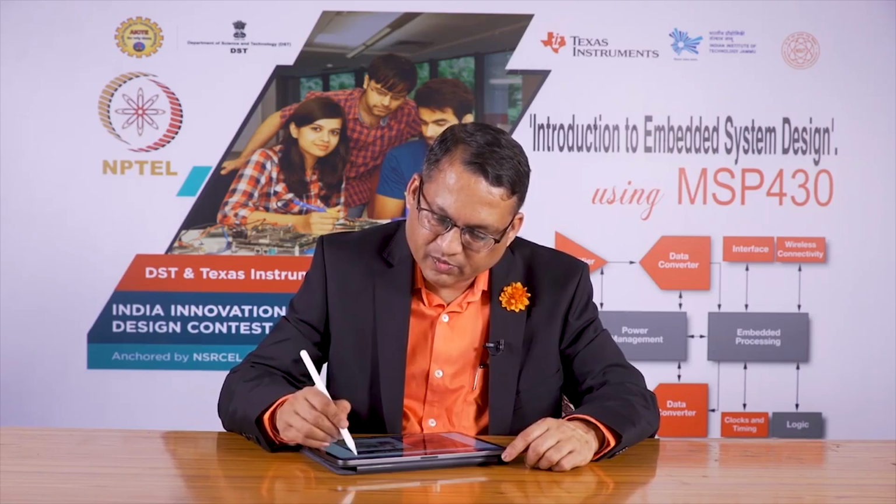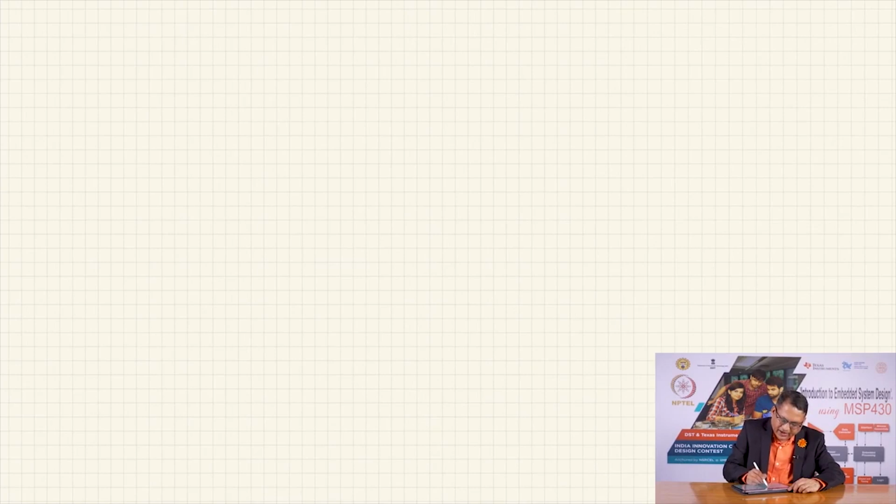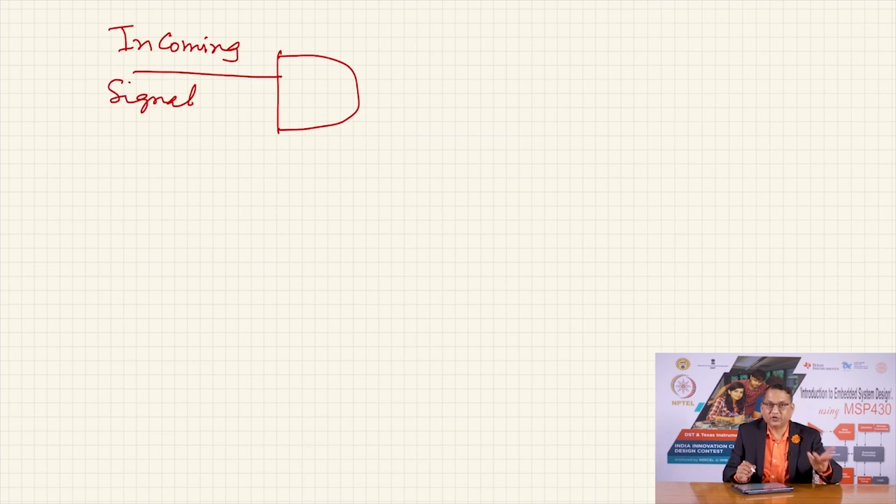As I discussed earlier, if the frequency of the incoming signal is high, then instead of measuring the period, you can directly measure its frequency by enabling a mechanism to count the incoming pulses for a 1 second period. All right. Let me go back here and recall this again. Imagine that you have an AND gate, and here is your incoming signal whose frequency you want to measure.